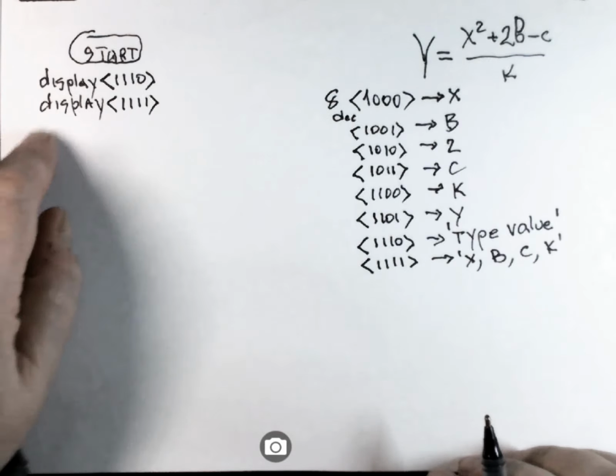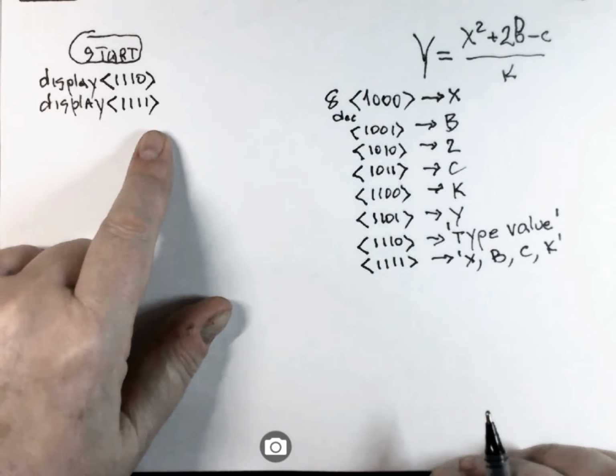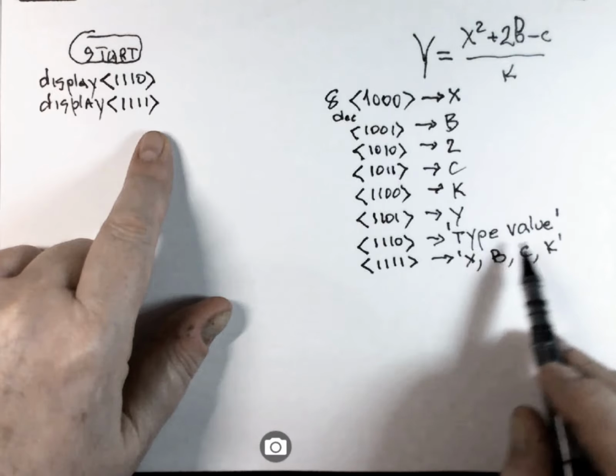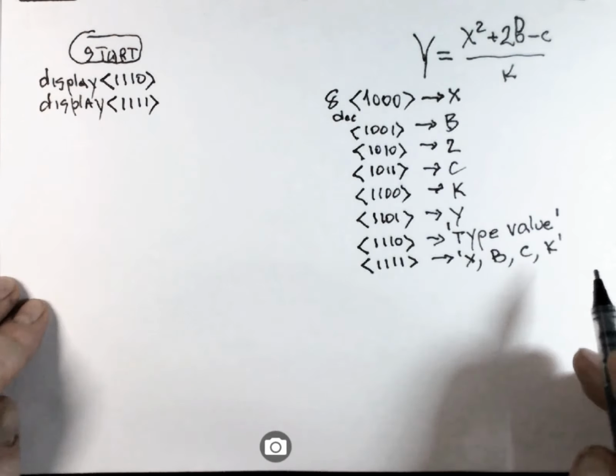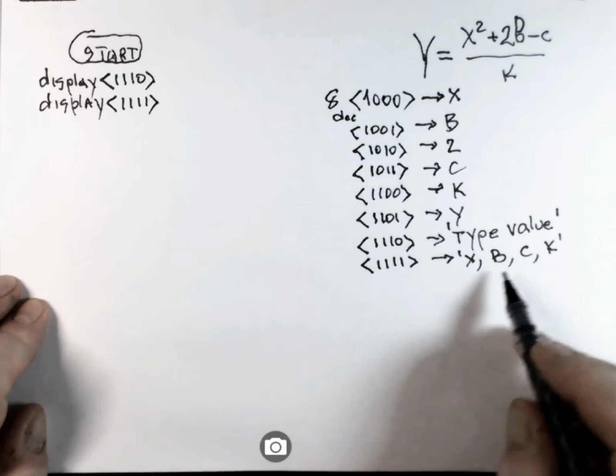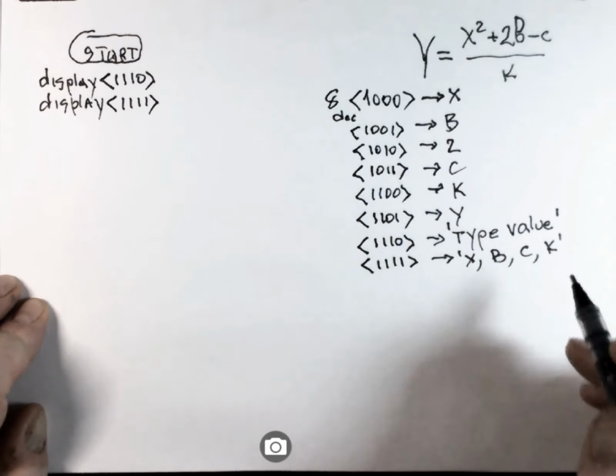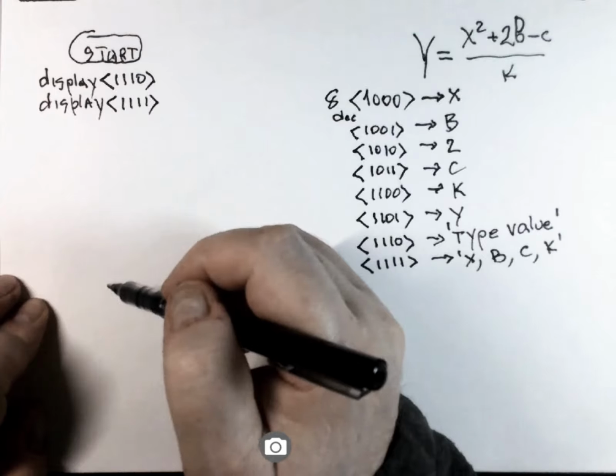Folks, that means in the monitor the user will see the information type value X, B, C, and K. Then after the user types all these values, he puts enter, and then the program will go further.